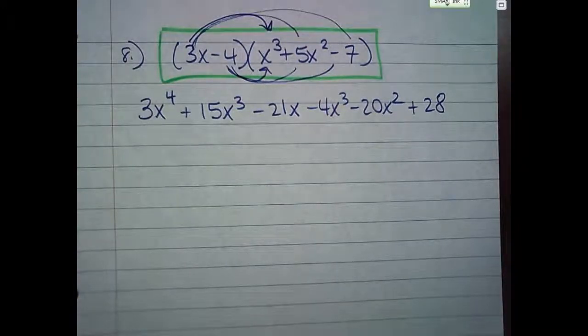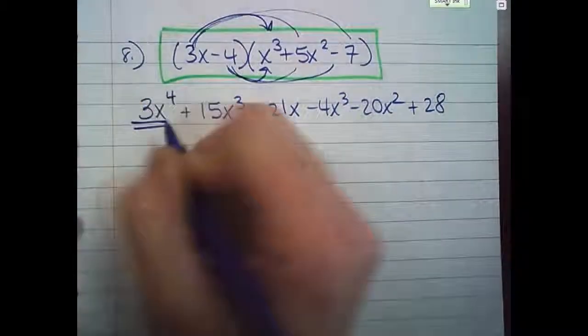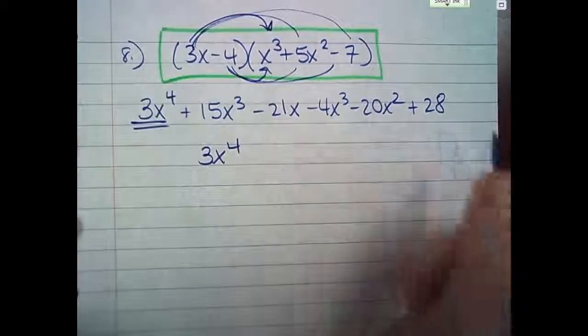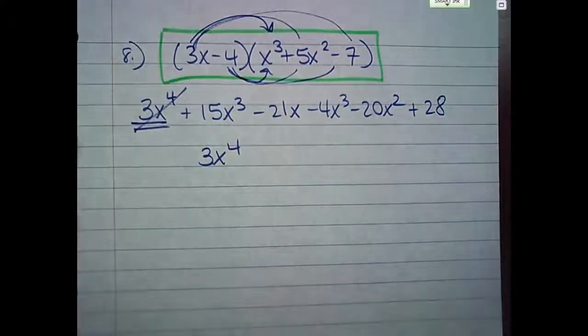Now I'll combine like terms. Highest power first, 3x to the 4th. Gone. What am I going to put together now? The cubes. Excellent.